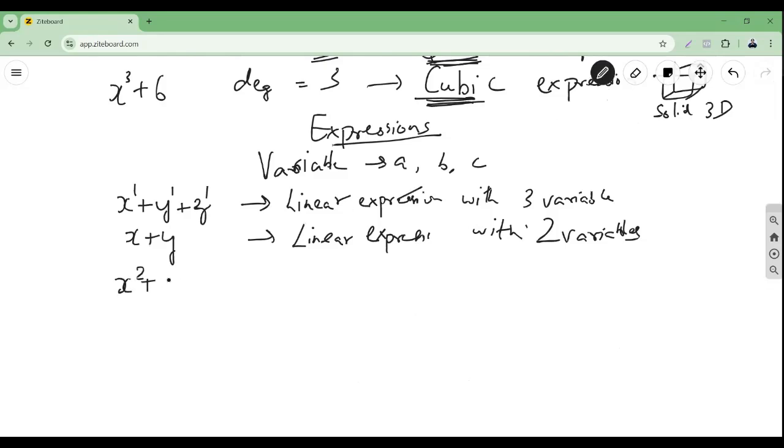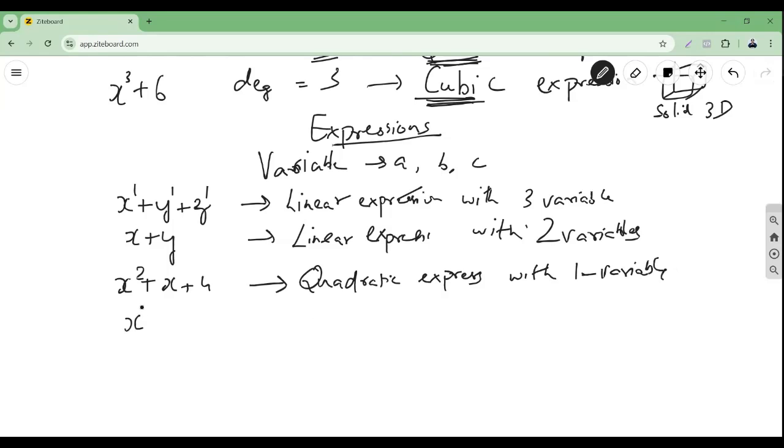Now if I have x square plus x plus 4, it is not linear, it's a quadratic expression because its degree is 2. So quadratic expression with one variable, right? Now, if I have x square plus y plus 4, it's a quadratic expression with two variables.